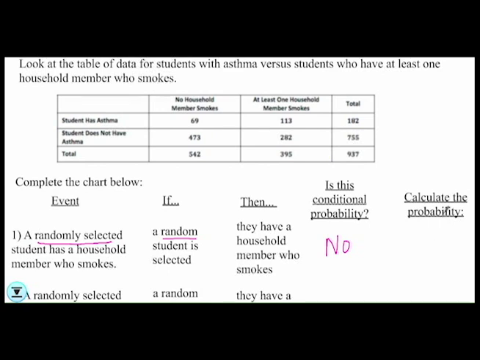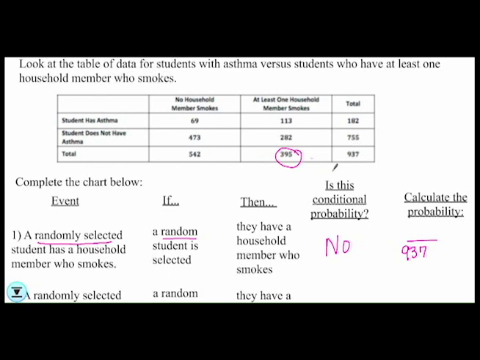To calculate this probability, I'm going to calculate it out of the entire population of 937 students. To figure out what I'm dividing by 937, I want to look at students that have at least one household member who smokes. It could be somebody with asthma or somebody without, because they didn't specify.